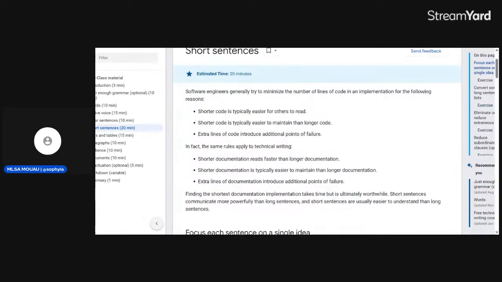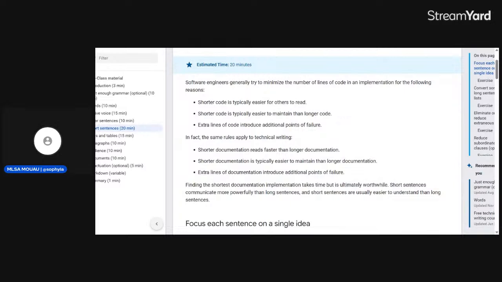And using that is really important, because when an idea is broken down into shorter sentences, it helps the reader to understand what information you are trying to pass through.